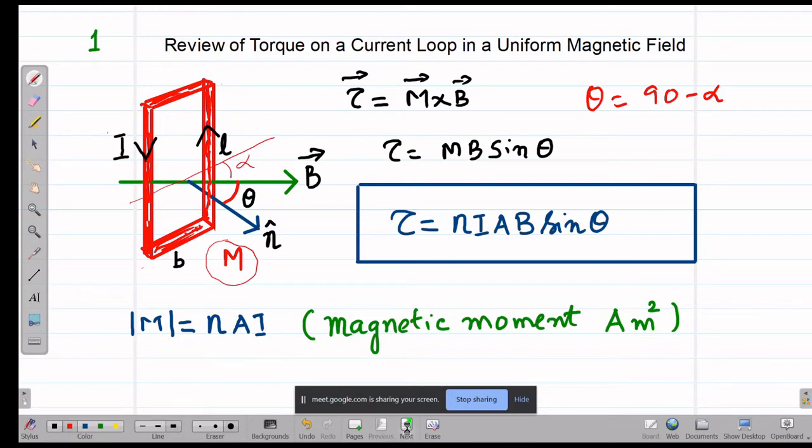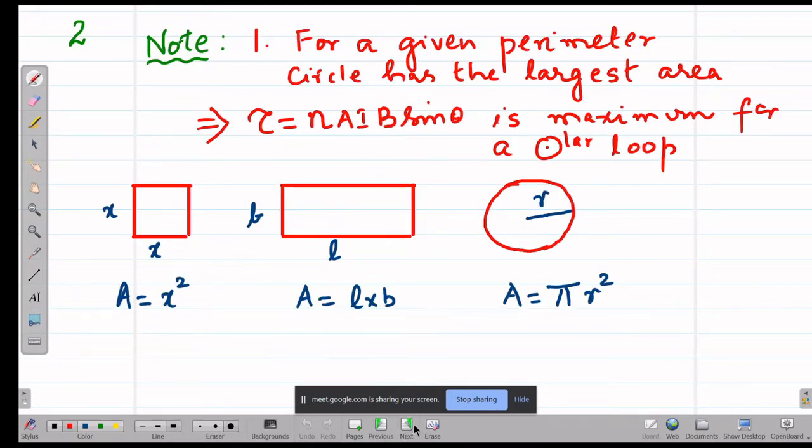Yes, sir. Okay. Now there are a couple of points I want to remark regarding the formula that we derived. Tau equal to NAIB sine theta. Now A refers to the area of the coil, and depending on the context of the problem and the shape of the coil, the area has to be calculated by different formulae.